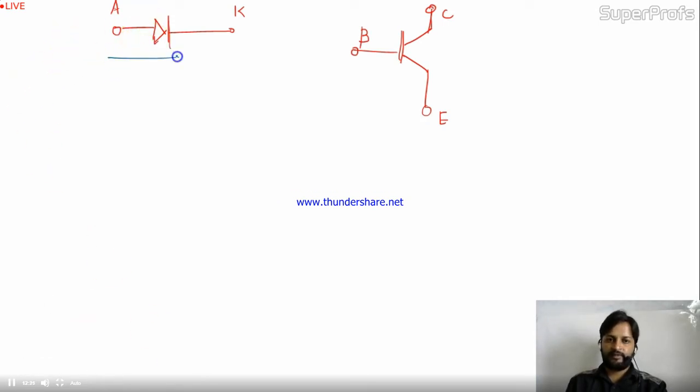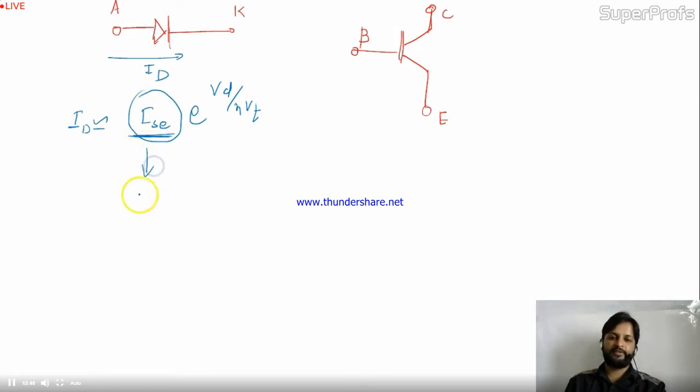For the diode, the current ID is nearly equal to IS into e to the power Vd by eta Vt, where IS is the reverse saturation current in the diode.